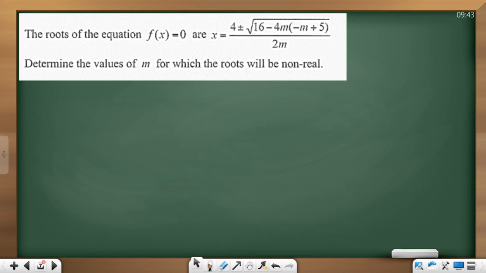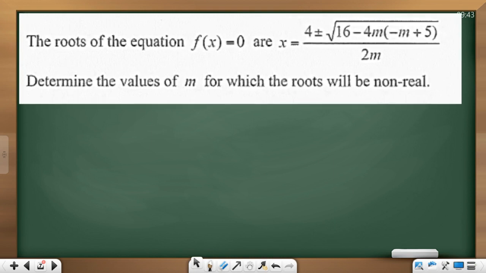Again, the examiner is using unreal. Your focus is always on the discriminant under the square root. That's where your focus is. So everything under the square root there should be what? Less than 0.